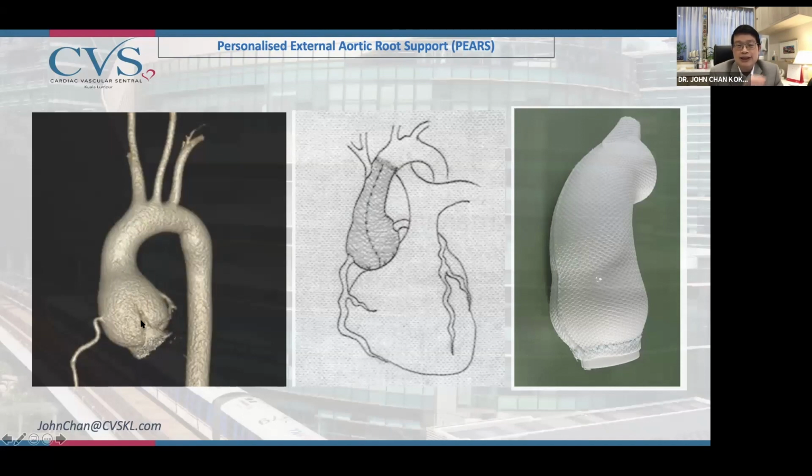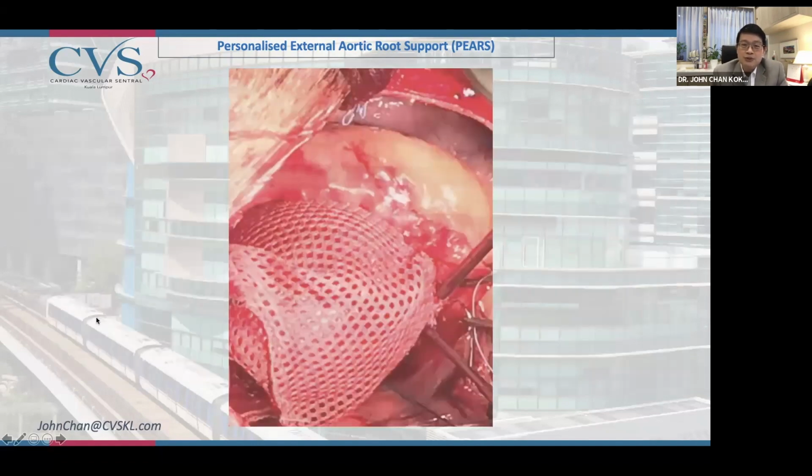Then we send all these measurements to the company which manufactures this device, and they custom make a wrap according to the geometry of the aortic root for that patient. They send it to us, and we wrap this around the aortic root at surgery. So this is what it looks like.